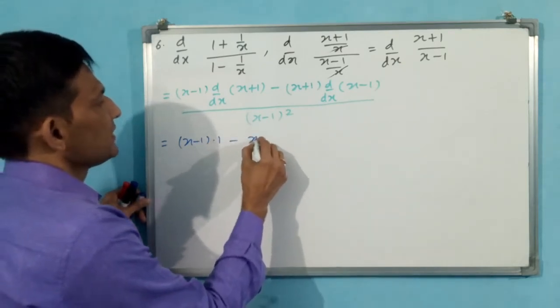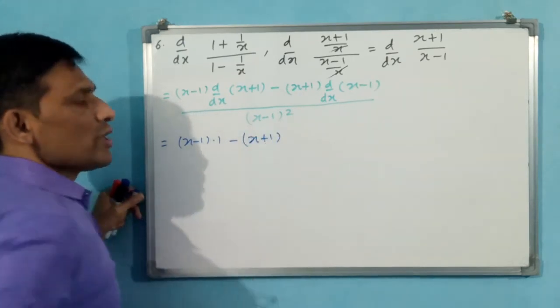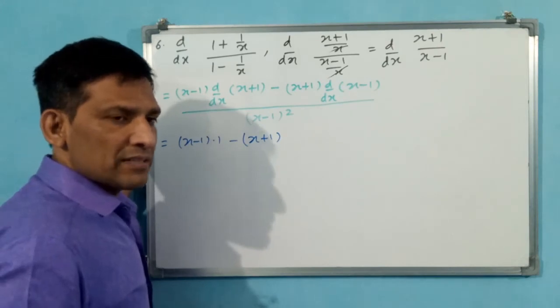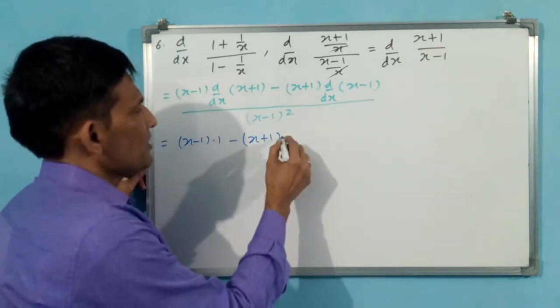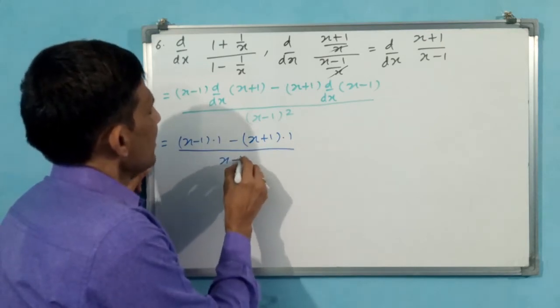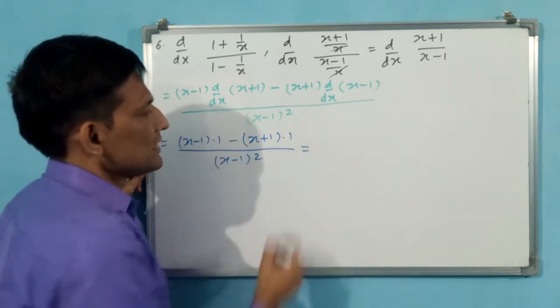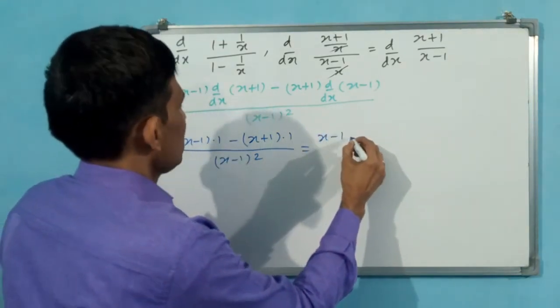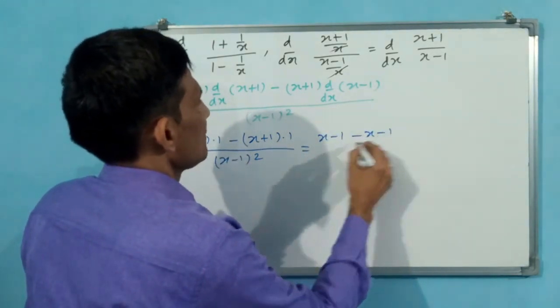Okay. Minus (x plus 1). D by dx of (x minus 1) is also the same. D by dx x is 1. Minus d by dx 1 is 0. 1 minus 0. 1 minus 0 means 1 only. Okay. Divided by (x minus 1) whole square. Okay. Now you open the bracket. (x minus 1) minus (x plus 1).